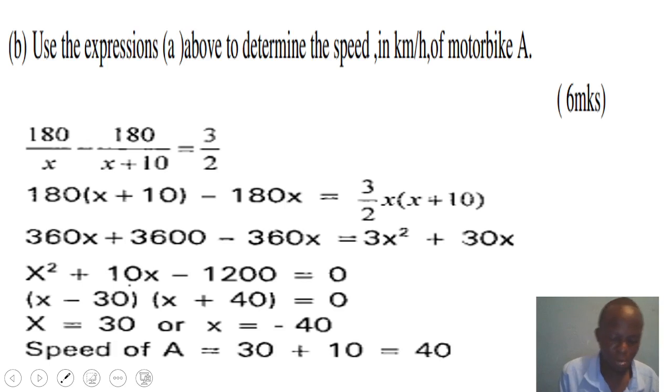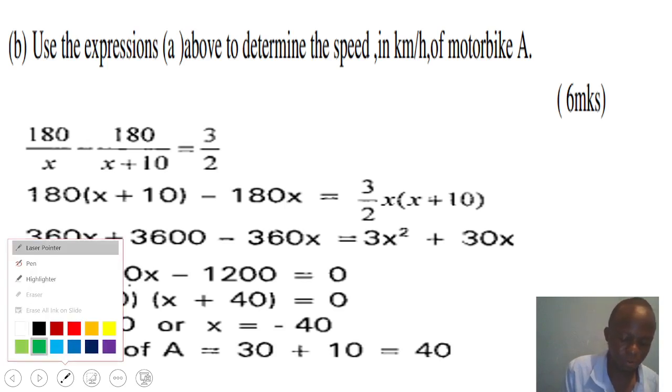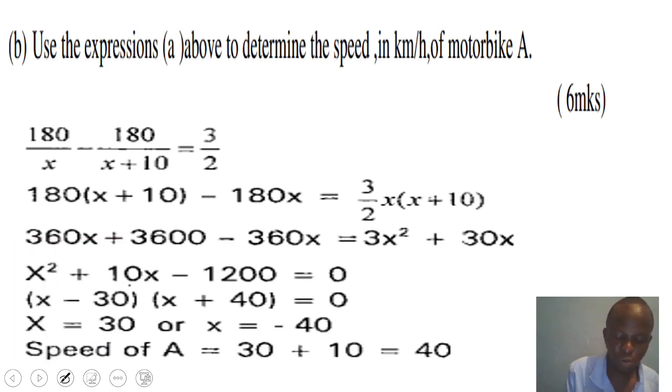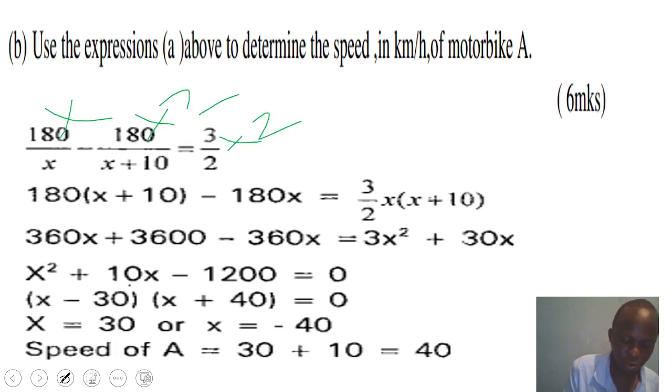Now, doing the manipulation, we are going to multiply by 2 on both sides and cancel the 2's.